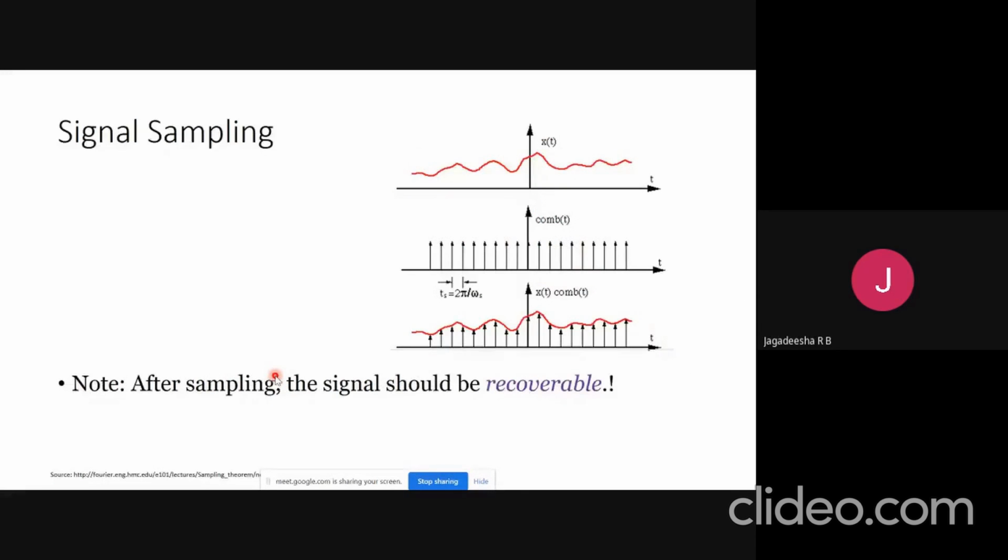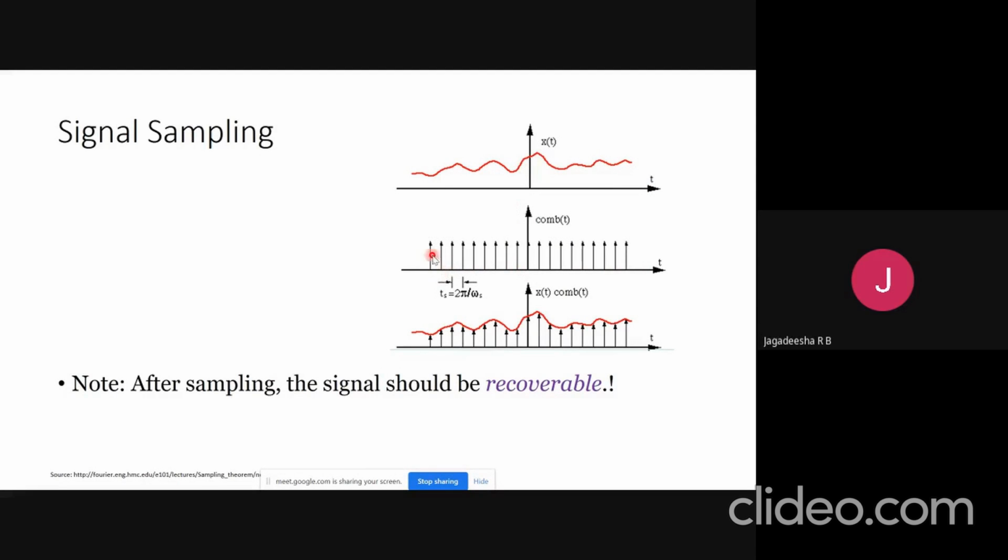And now we will see in more detail how the sampling looks. For example, this is the analog signal. It has continuous variations when you consider any time instant. And now we want to convert this continuous time signal into discrete time. In order to do that, we use a signal that looks something like this.